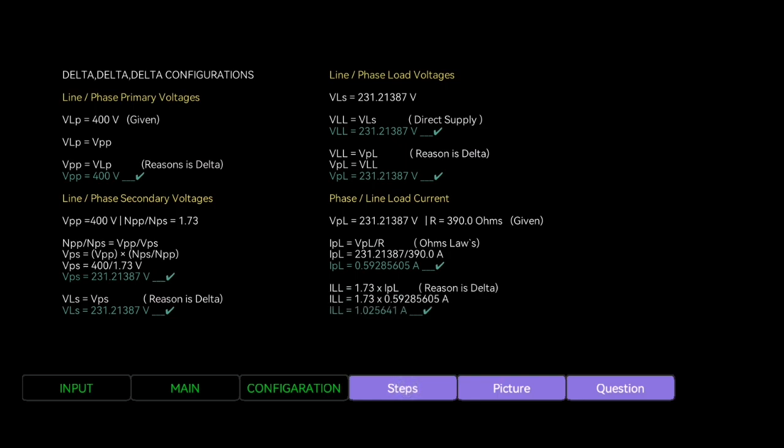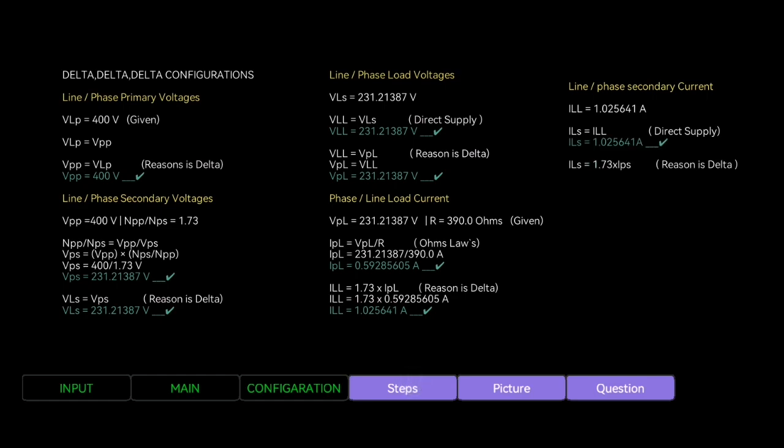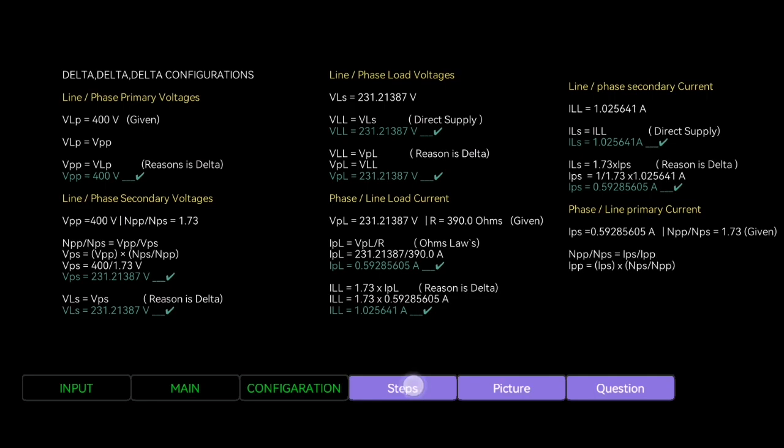Then you're going to calculate the current for the secondary. Then the phase current for the primary. And that's it.